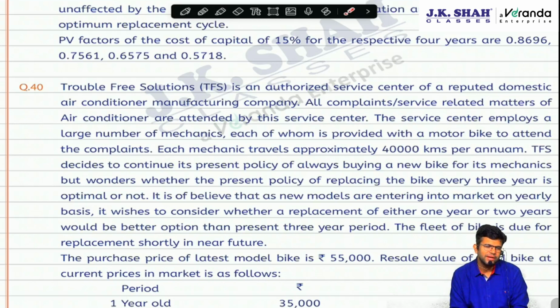Read it carefully. It looks like a big question, but it is nothing. Time pass. Question number 40. Trouble-free question.